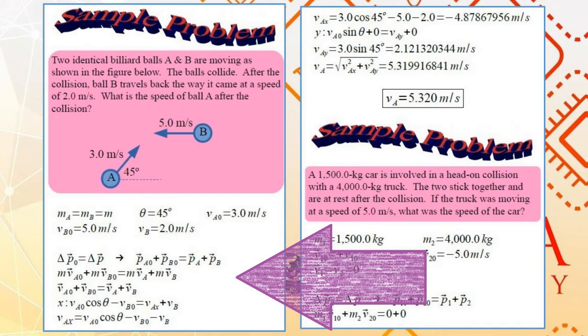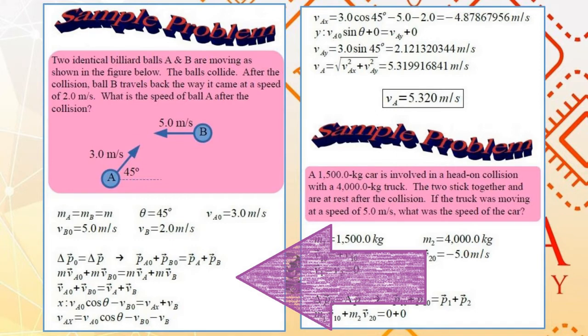So VA initial is equal to 3 meters per second. As for the initial speed of B, VB initial is equal to 5 meters per second. After the collision, the problem tells us that the final speed of B is 2 meters per second. VB is equal to 2 meters per second.